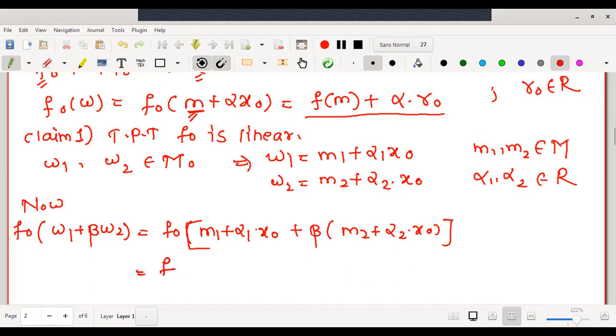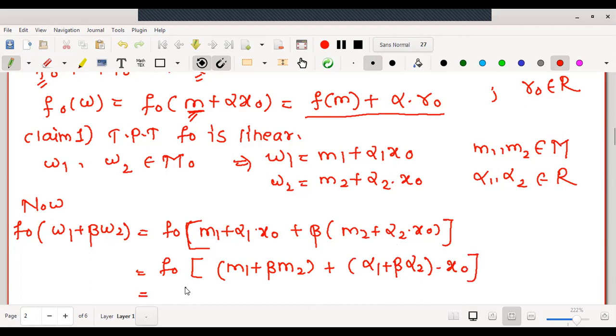Therefore, here also, first we will collect all the elements of m together. Therefore, this is m1 plus beta m2 in one bracket. And what is the coefficient of x naught? The coefficient of x naught will be alpha 1 plus beta alpha 2. Right? Now just go with the definition.